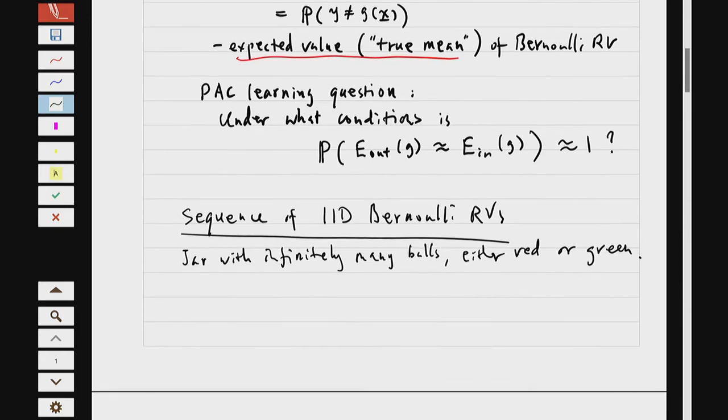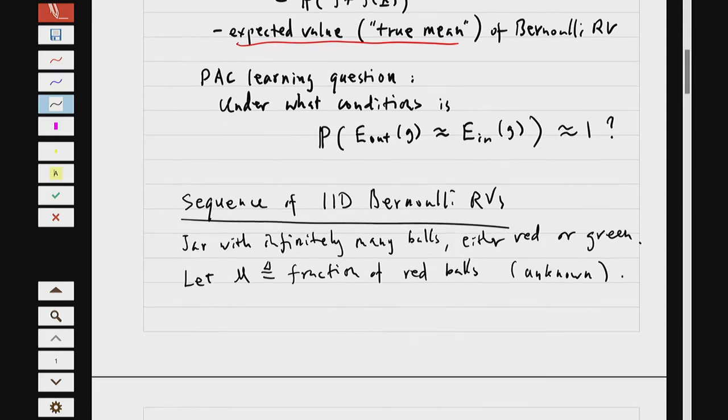Suppose we define mu as the fraction of red balls in the jar. Of course, this is unknown. You can't even check all of the balls, there are infinitely many balls. It's in fact not knowable. Not just unknown, it's not knowable.